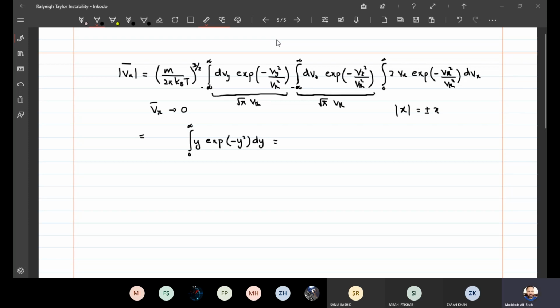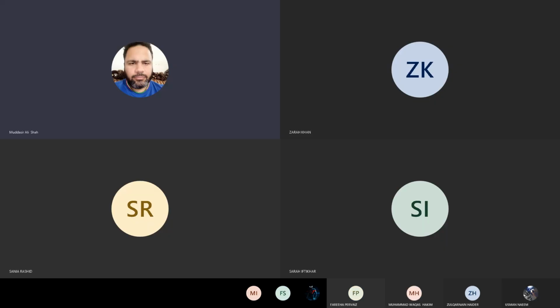Now I'm showing you the Mathematica file so that you can easily see.